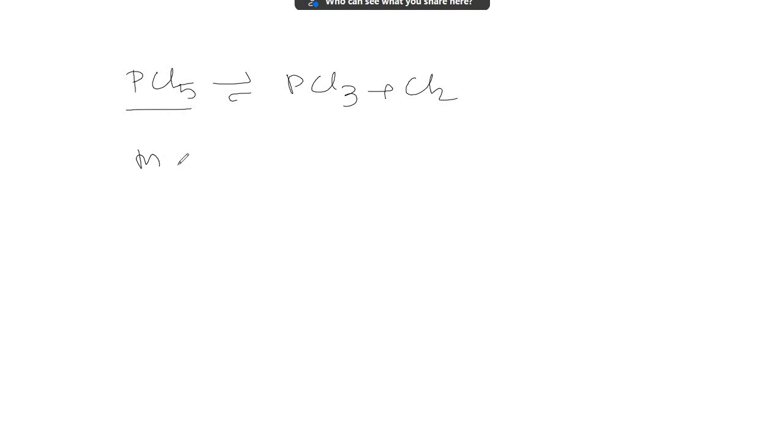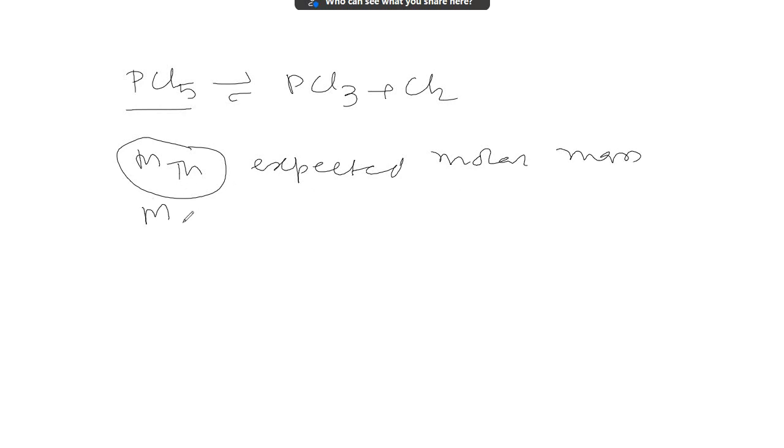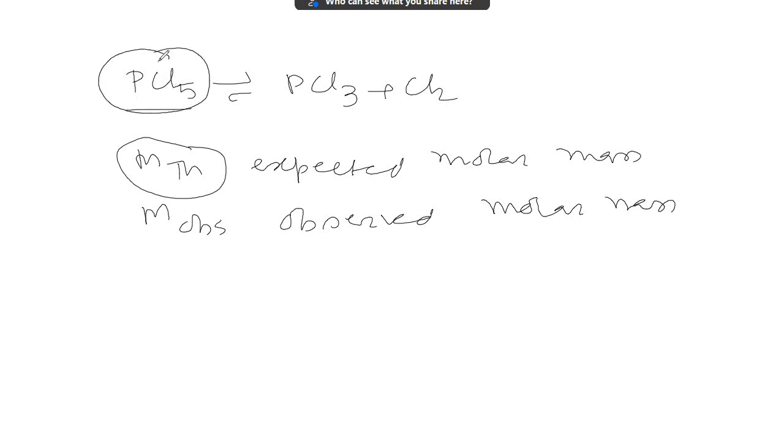M theoretical is your expected molar mass, and M observed is your observed molar mass. The expected molar mass of PCl5 is how much? Phosphorus is 31, chlorine is 35.5.